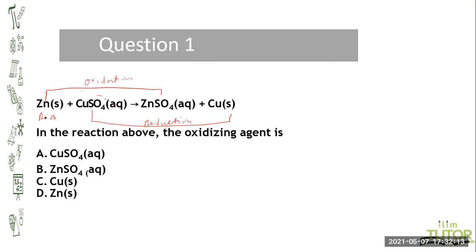So any substance that undergoes reduction is an oxidizing agent. The presence of oxygen there also makes it an oxidizing agent. So here, our oxidizing agent is this. All right.